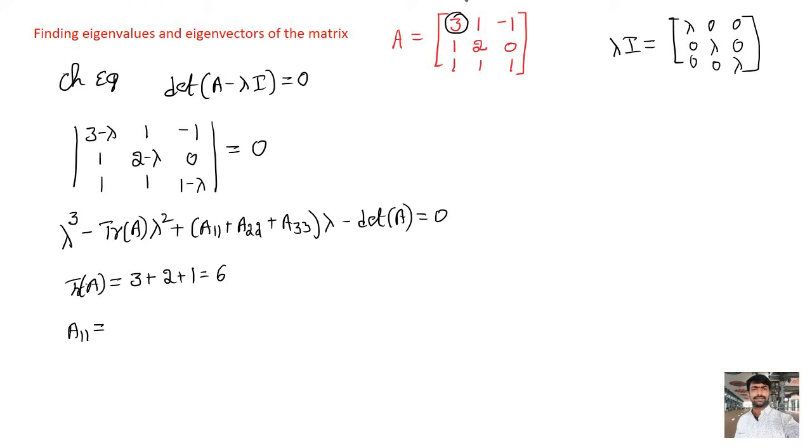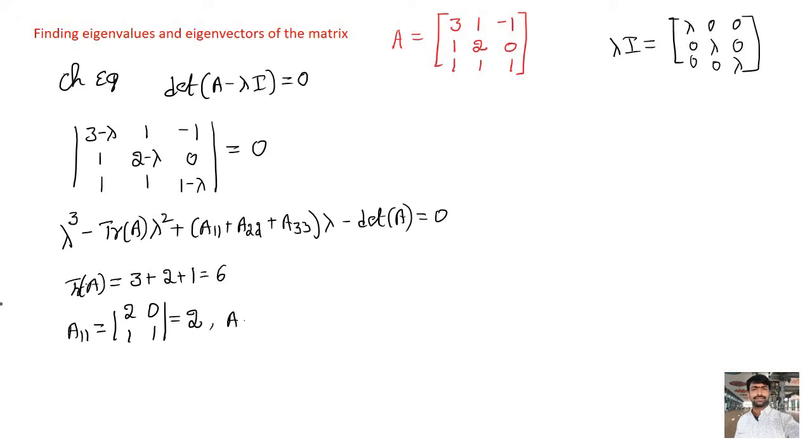So you eliminate the first column and first row, and take the determinant of the remaining matrix, that is 2 0 1 1. So the determinant of 2 0 1 1 is nothing but 2.